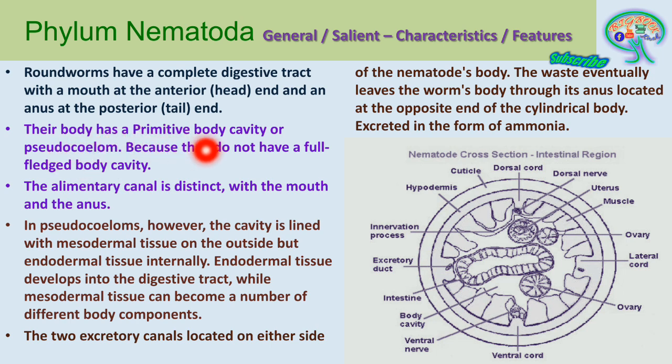Their body has a primitive body cavity or pseudocoelom. Pseudocoelom, or the primitive body cavity. What does it mean? For example, in highly developed organisms like mammals, the body has a certain gap to lodge or accommodate the different organs. So here all the organs are attached to one another but freely present within that particular body cavity.